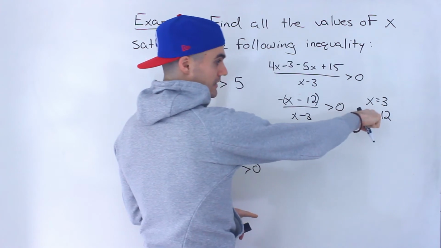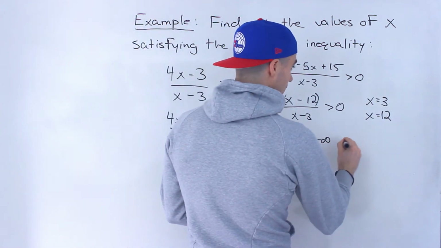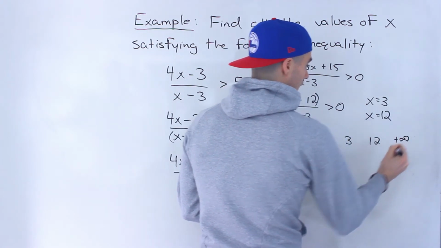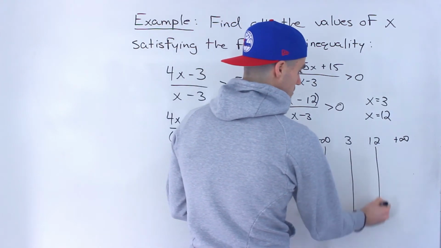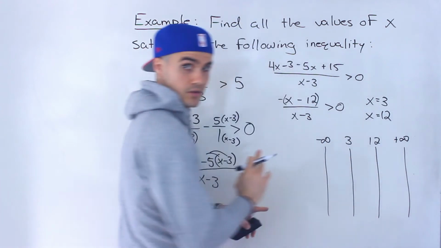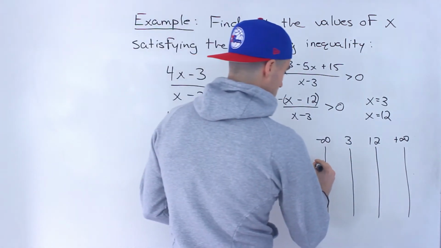You want to create a sign chart with those x values. So we're going to go from negative infinity to 3 to 12 and then to positive infinity. I'm going to create columns here for each of these. If there were more factors, then we would put those extra x values in the sign chart, but there are only 2 factors in this case.